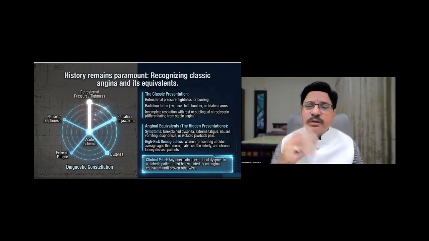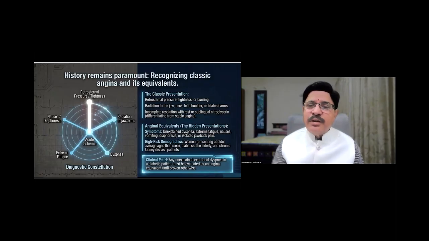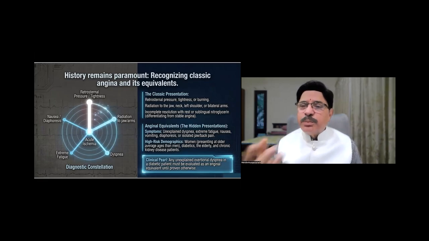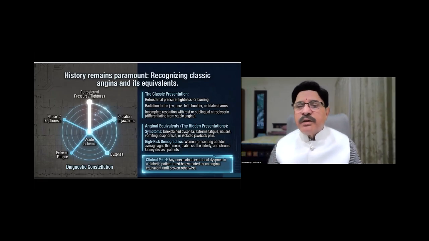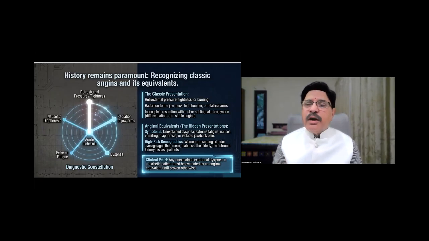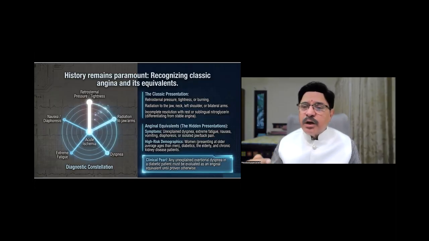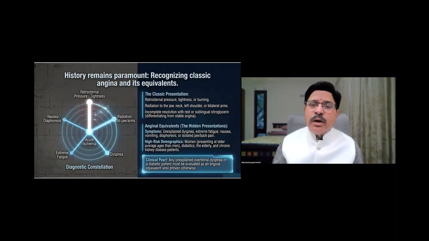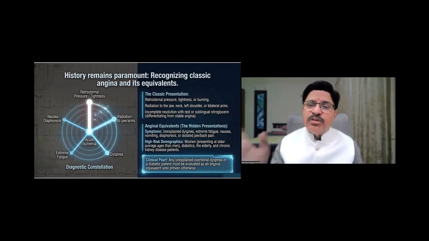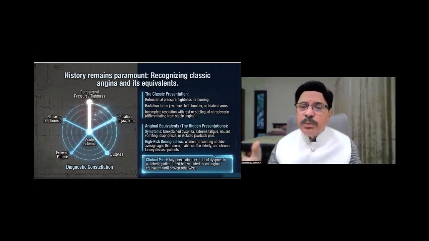Stable angina will also have the same thing, but he immediately recovers once he takes rest or uses sublingual sorbitrate or nitroglycerin. A chest pain with this description, not responding to sublingual nitroglycerin or rest, is not a classical or stable angina. So this is unstable angina.